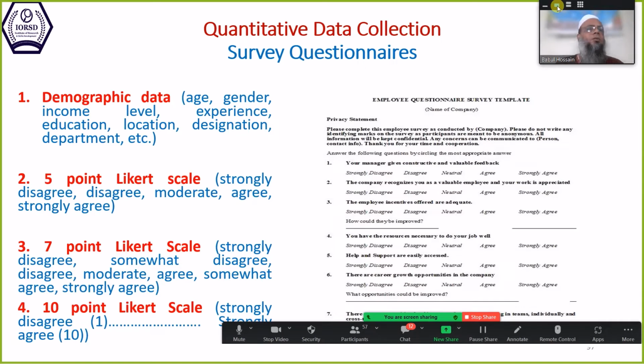Hello? Saima? Yes, sir. Sir, I want to ask that a single variable has many dimensions, so is it good to use unidimension or multi-dimension?